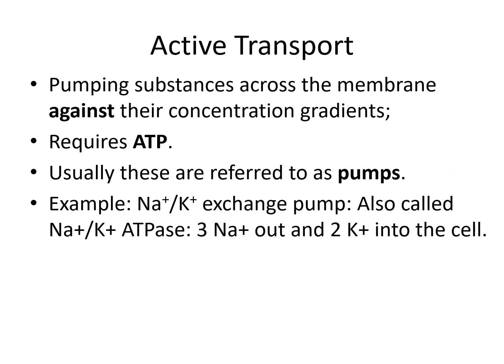So those are the diffusion. As for the active transport, this one requires ATP. It moves the substance against the concentration gradient. The typical one is sodium-potassium ATPase. It pumps 3 sodiums out of the cell and pumps 2 potassium into the cell.